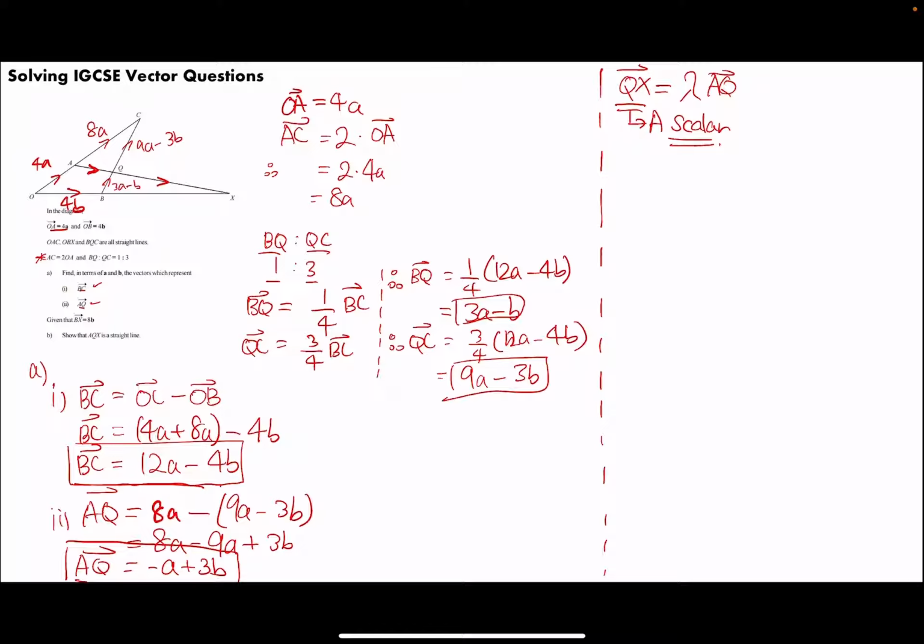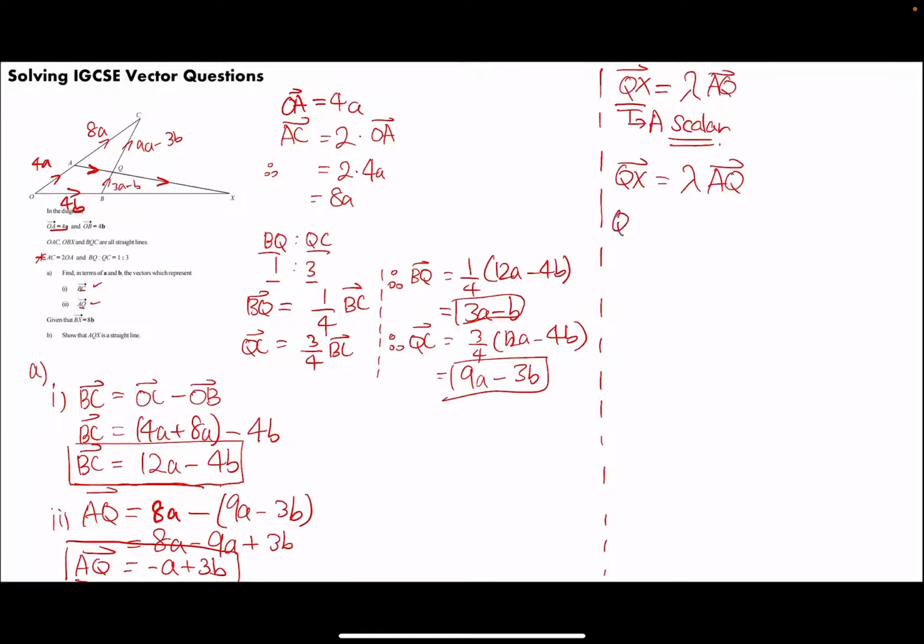So now we have a statement: let's assume that QX equals a scalar of AQ. This is some Greek symbol which I don't know how to say, I'll just say it's something. So it's a scalar of AQ. Right, so then we have a statement. As we know, AQ is negative A plus 3B. We can just substitute that in.